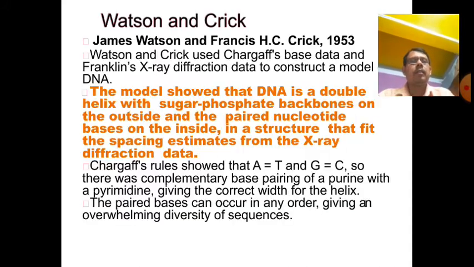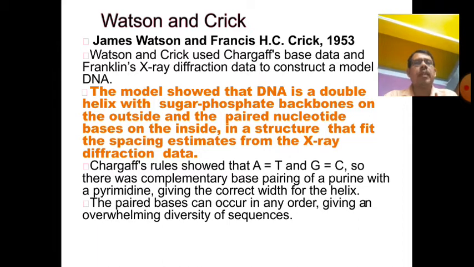Franklin, and Watson and Crick, in 1953, used the Chargaff base data and Franklin's X-ray diffraction data to construct the model of DNA. The model shows DNA is a double helix with the sugar phosphate backbone on the outside, and the nitrogenous bases inside, in a structure that fits the spacing estimated from the X-ray diffraction data.